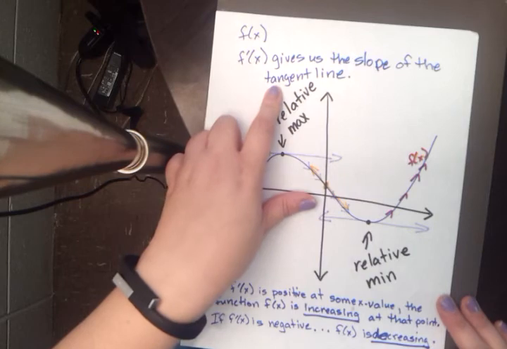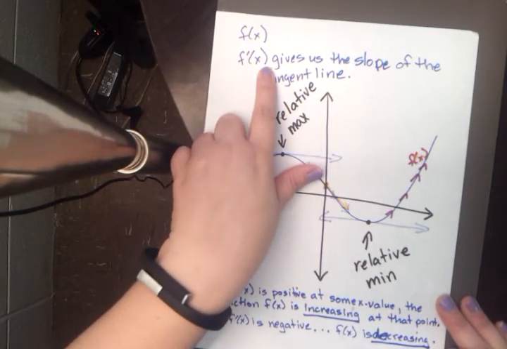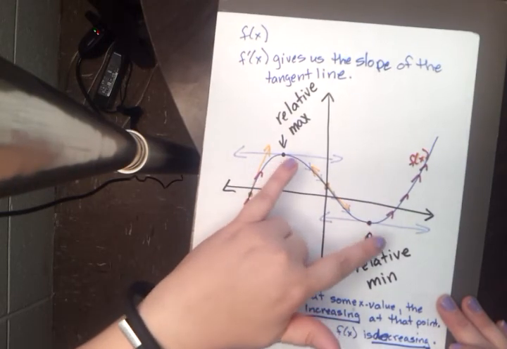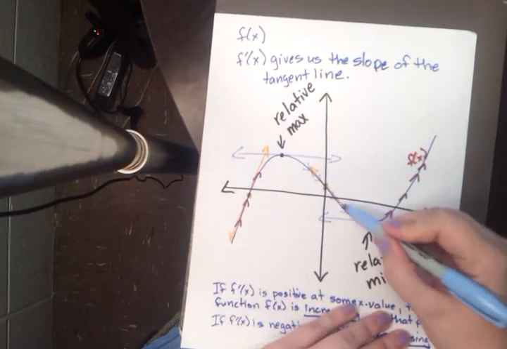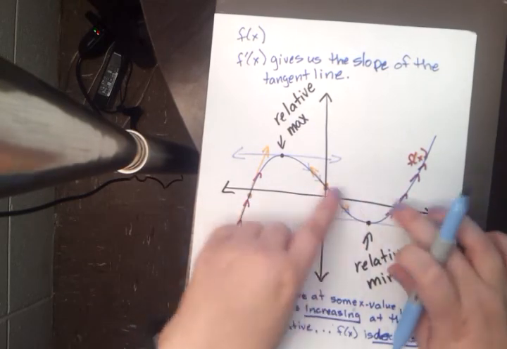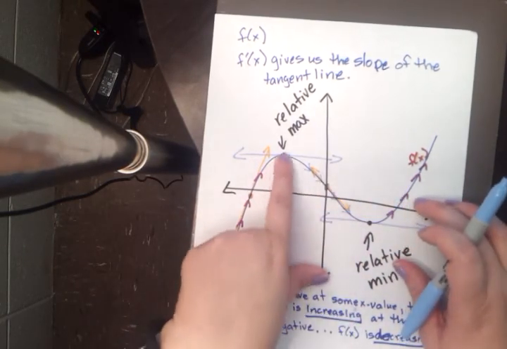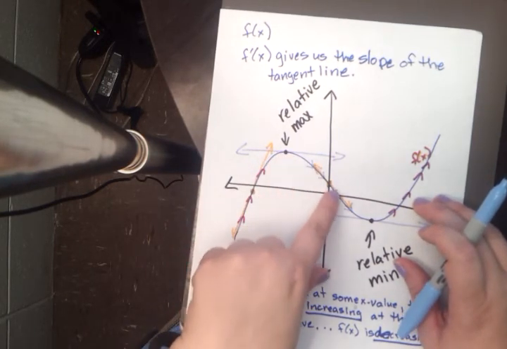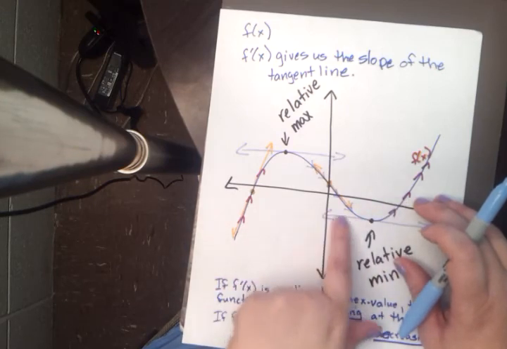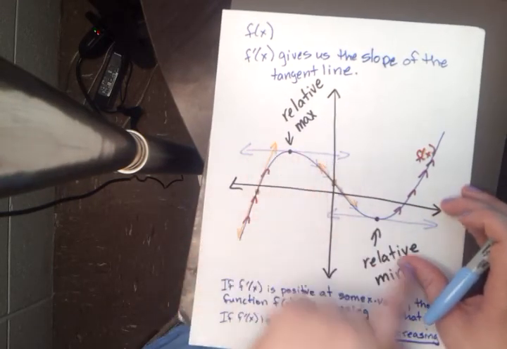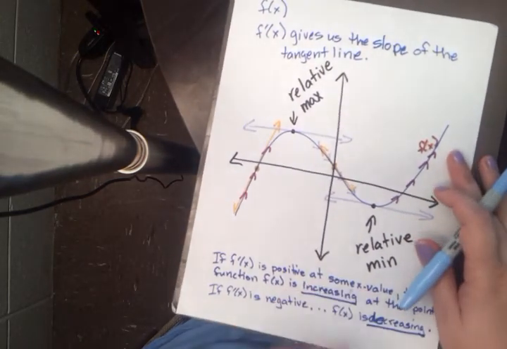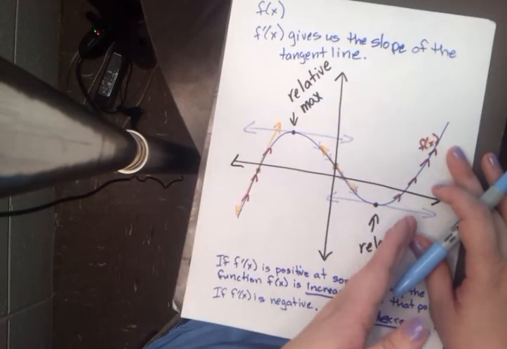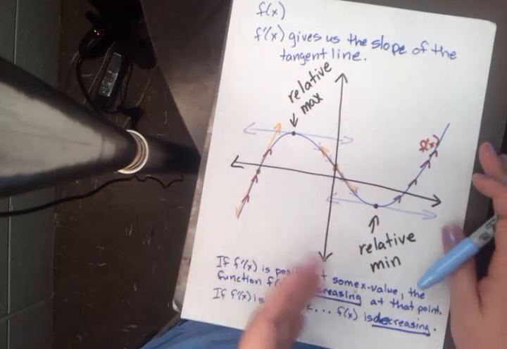If you set f prime of x equal to 0, whatever comes out is going to tell you the minimums and maximums, because we know that a 0 slope means that everything around it is kind of coming to a peak. In this case, everything is coming up to it and then going down from it. In this case, everything's going down to it and then coming up from it. You have this one magical point where the slope is equal to 0. So if you set f prime of x to 0, it's going to tell you where the maximums and minimums are.